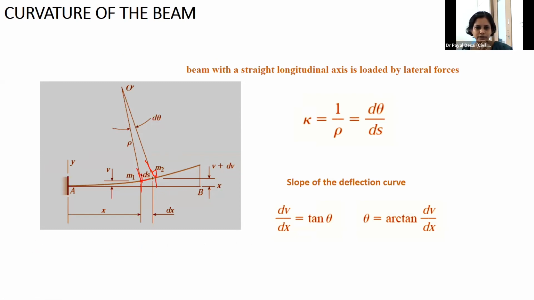So you may see here the 90 degree, 90 degree. When you draw the normals, they will meet at one point, and this is called the center of curvature, O dash. If you draw the normals, you will get O dash here, and then here you may get the radius of curvature.